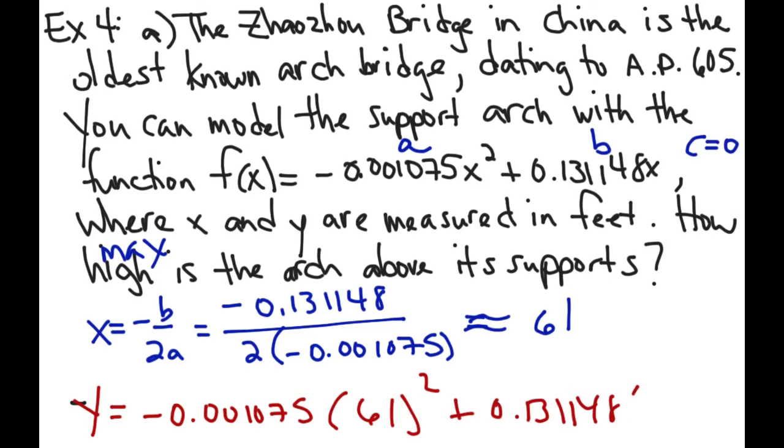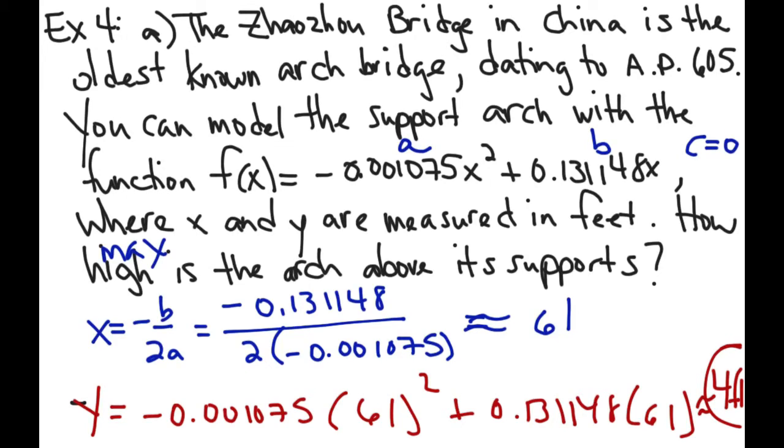And the calculator spits out approximately 3.999953, which is about 4 feet. So it turns out that these arches are about 4 feet above the support arches, which isn't very far, but that wasn't the point. The point was that the Jiaozhou Bridge was one of the oldest known arch bridges.